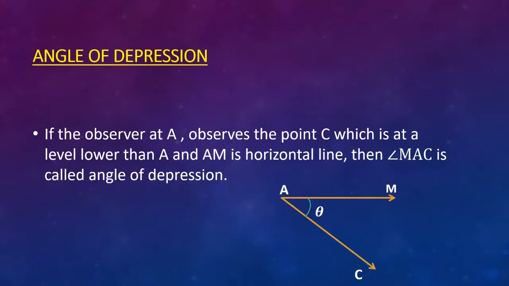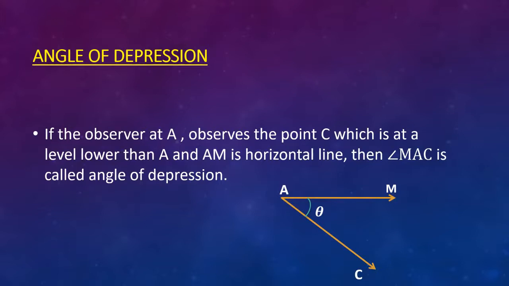Now let us see the definition of angle of depression. If the observer at A observes the point C, which is at a level lower than A, and AM is a horizontal line, then angle MAC is called the angle of depression.